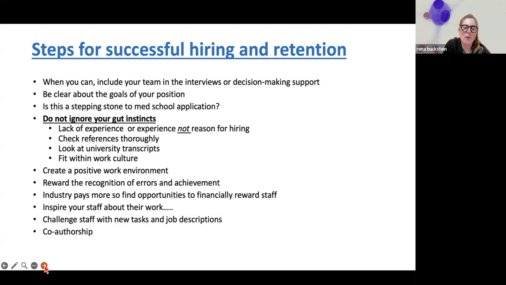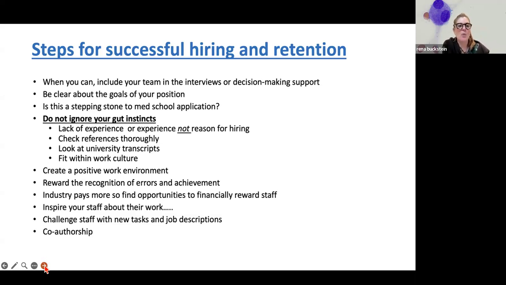So always check the references thoroughly, not just about research, not about their work, but also about their personality and how they work in groups, because this is a group dynamic. They're not working on their own. They're working with other people and they have to be compatible. And what I've learned is, if you look at the university transcripts, this is just my own bias or experience, if they have a very high GPA, it means that they're fastidious and hardworking people and they care about detail.